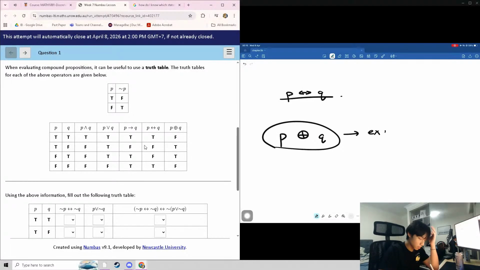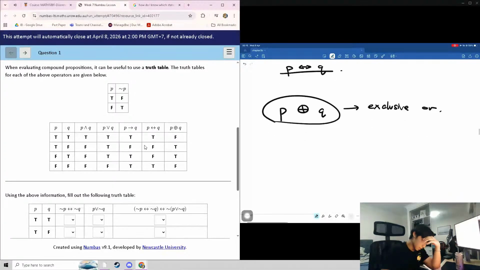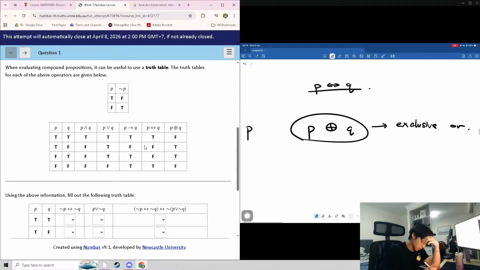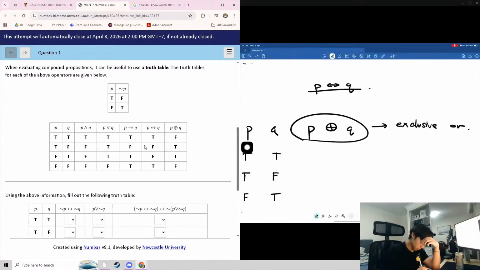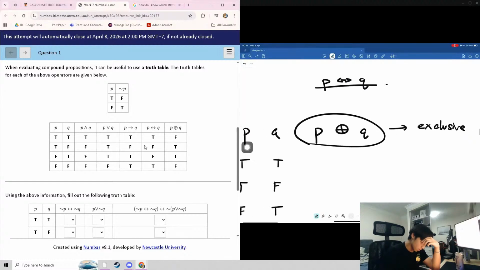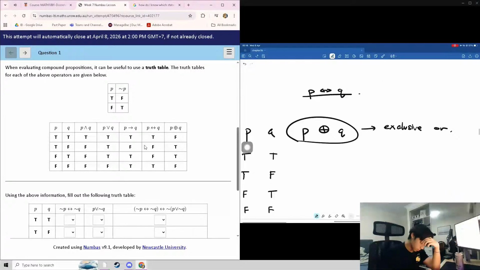Exclusive OR means it's one or the other.